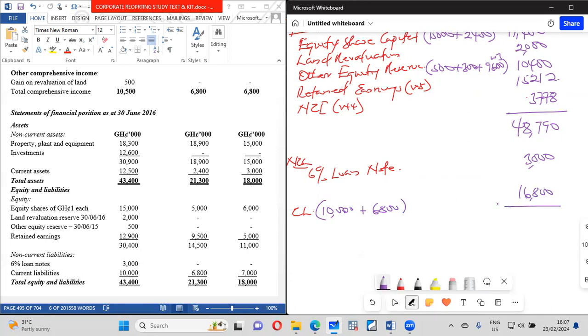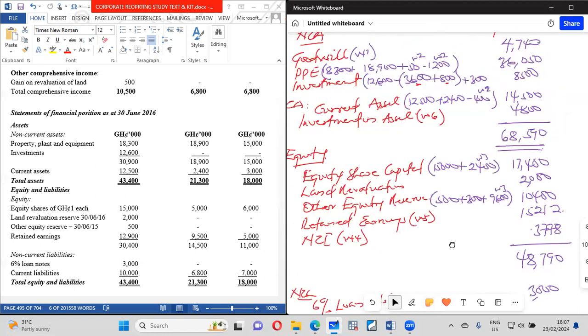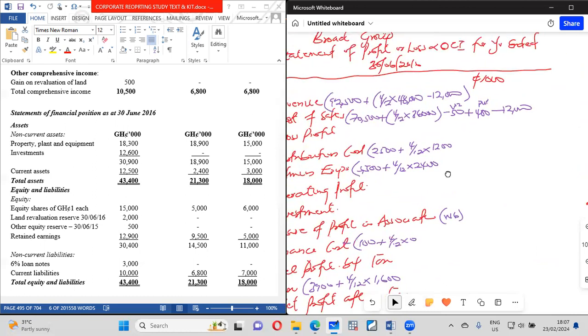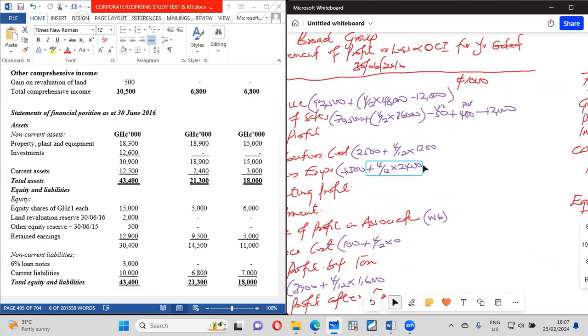So if I add plus 3,000 plus 16,800, I have 68,590. So you see, I balanced this thing. Now I come here, just fixing the figures. You see, I finished everything here before I'm even coming here. So now that I've balanced that side, it gives you some confidence to actually move to the others.